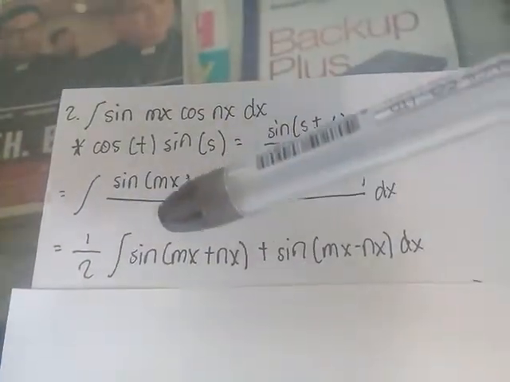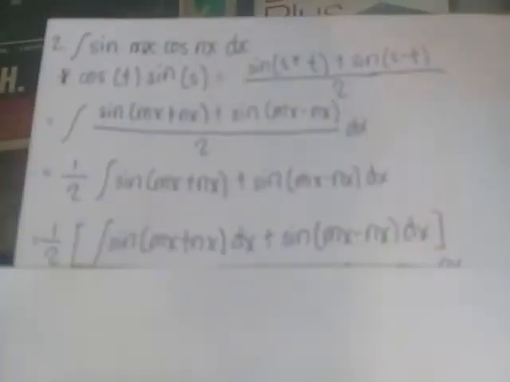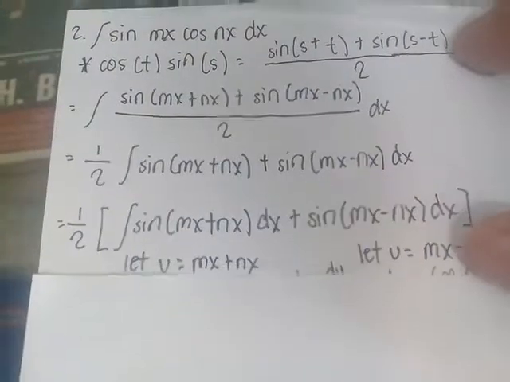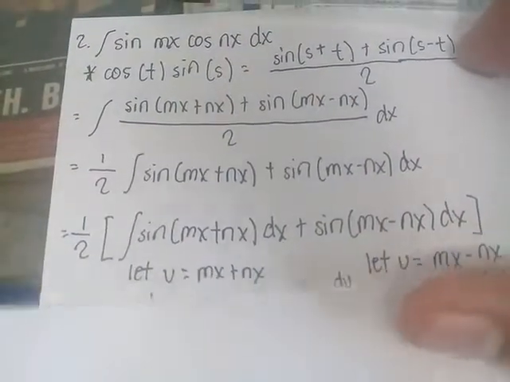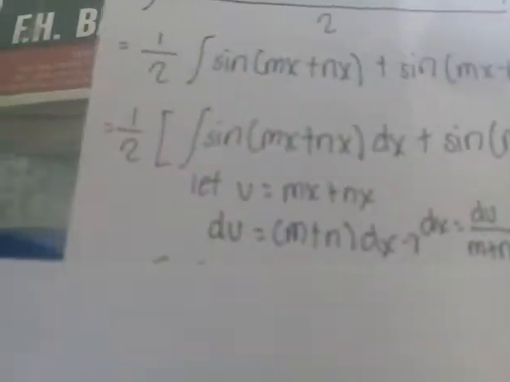So we will find the integral of this one and the integral of this one. Simply distribute the dx here and here, and then we will first integrate the first one, which is here.